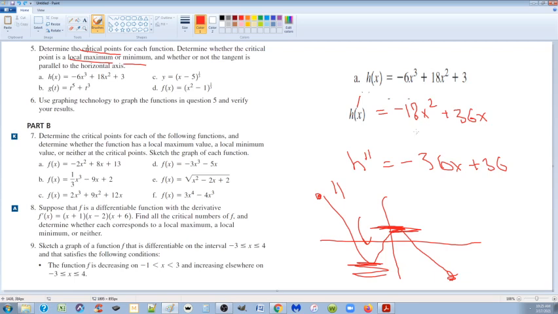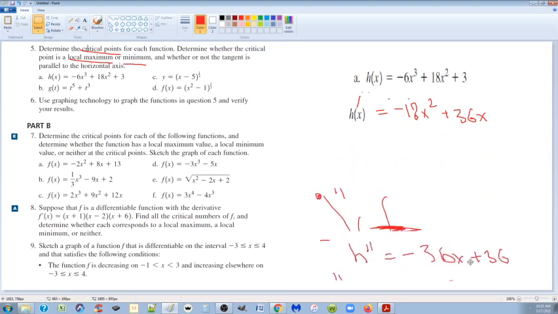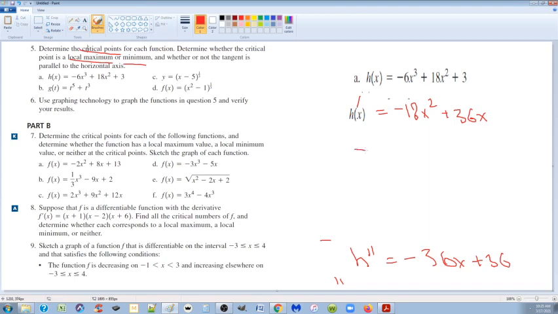Okay, so let's find the critical points. We're going to set this equal to 0. First of all, I'm going to take minus 18x out of both of them. And you immediately see the critical points are 0 and 2.